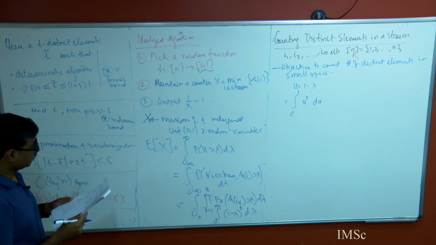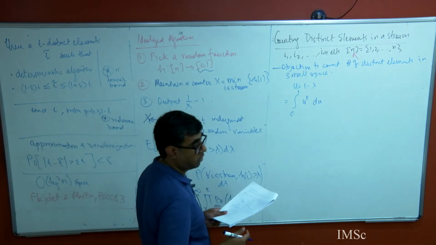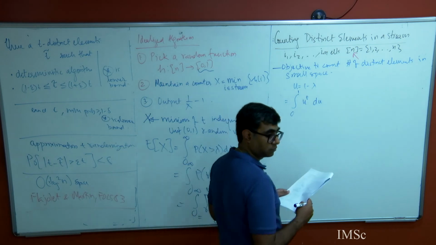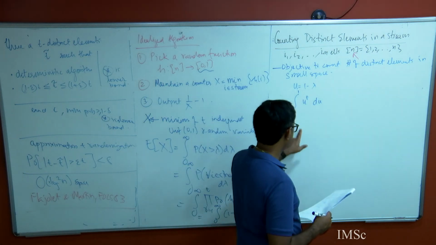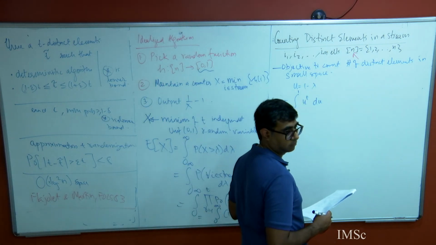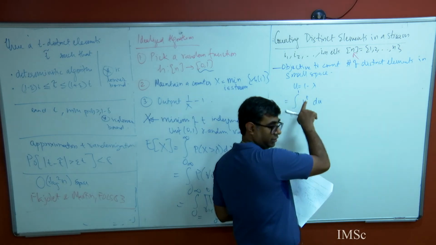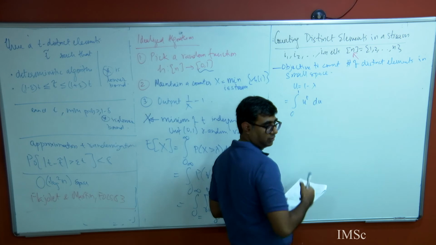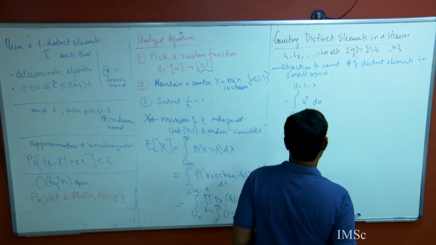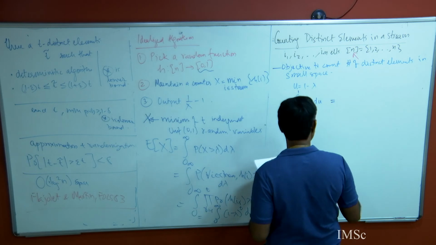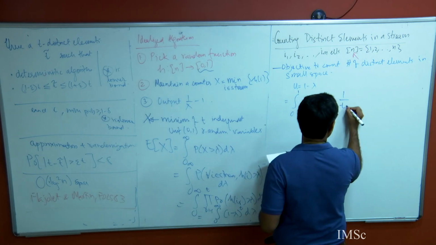There should be some minus 1 as well, no? If I would have written 1 to 0, then yes, but I wrote 0 to 1, so this is taken care of. Isn't this 1 over t plus 1?